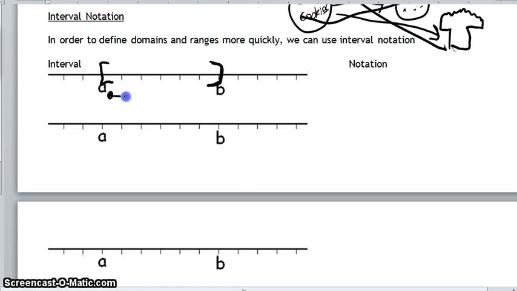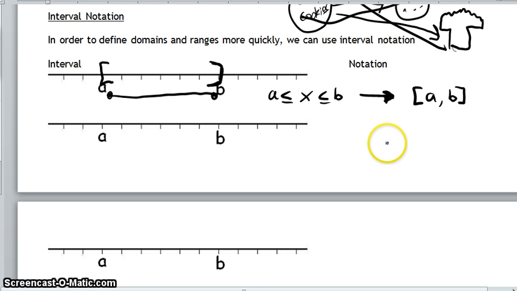So if we're talking about a set of numbers that can work from A to B, this looks like this. On a number line, that's how you would write it. Anything between A and B, but including A and B. In interval notation, when we learned this, we would say that this is this set of numbers. That's what interval notation looks like.